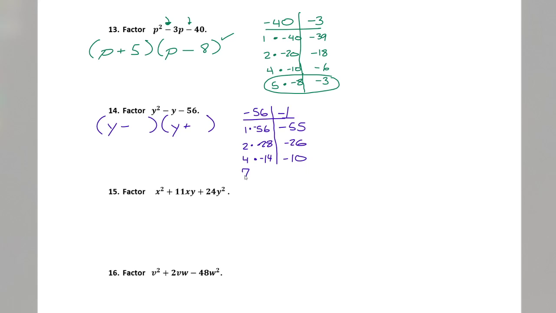We have 7 times -8 together, -1. So we have our factors. y minus 8, y plus 7. Multiply to check. Good to go.